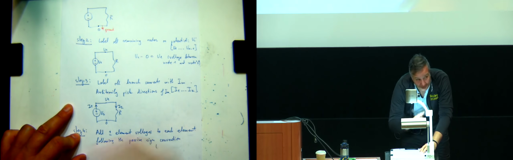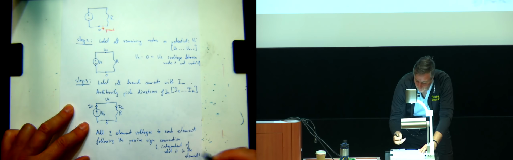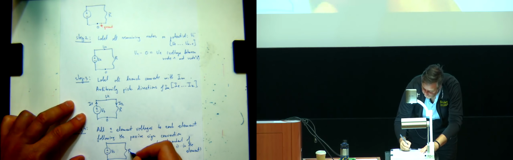So this is, again, related to your question, independent of what is in the element. So a little drawing here. Plus minus Vs, R. U1 is here, 0 is here.